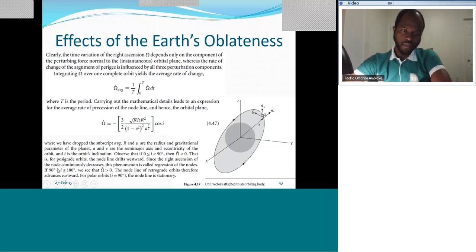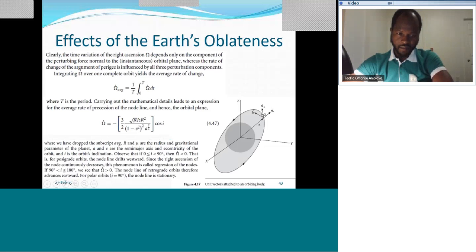But when we have I greater than 90 degrees, but less or equal to 180 degrees, we are going to have this equation 4.47 be positive. That means the node line is going to be moving away eastwards from the vernal equinox.